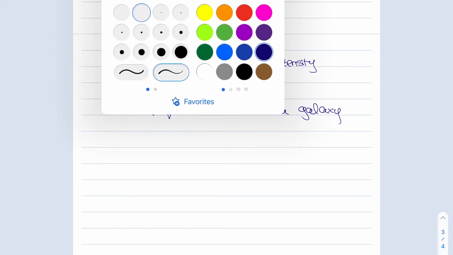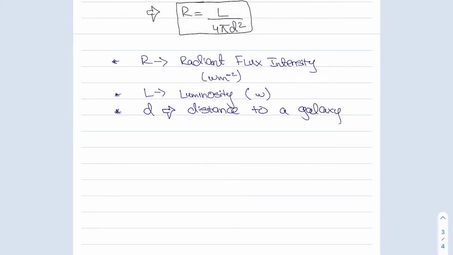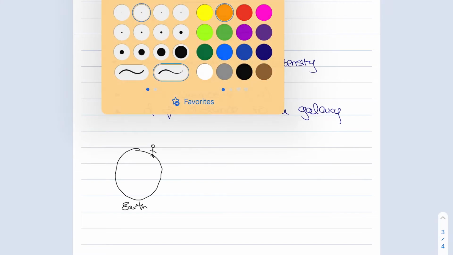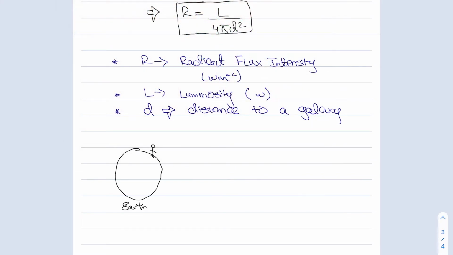So if I'm standing on the earth, if this is the earth and I'm standing right on the surface of the earth, I'm standing right here, what happens is that this formula is used when you observe a specific star.